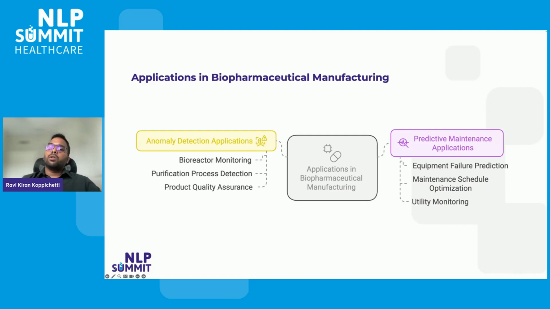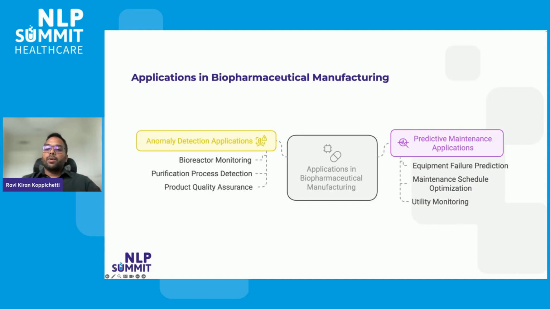Anomaly detection also plays a vital role in fill and finish operations, where the final drug product is filled into vials and syringes and packed for distribution. Any contamination, mislabeling, or equipment malfunctioning at this stage can lead to product recalls or patient safety issues as well. AI-powered vision systems can inspect filled vials for defects like cracks, particulates, or incorrect fill volumes.